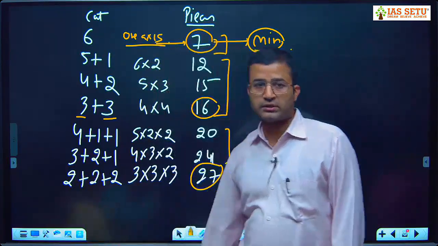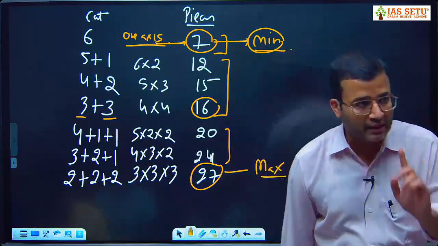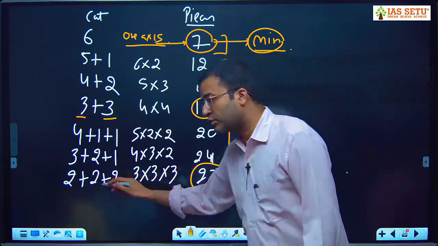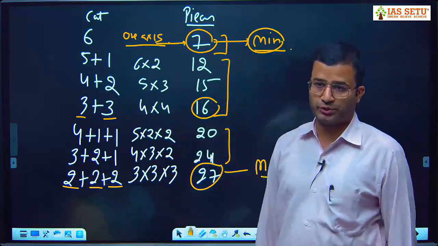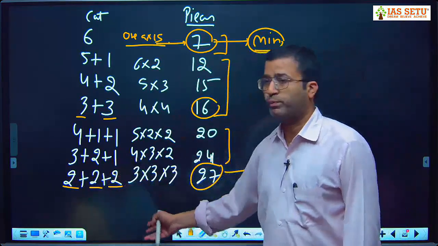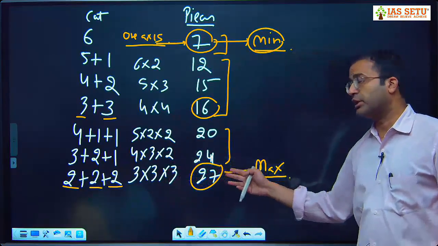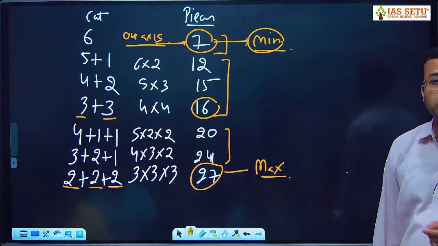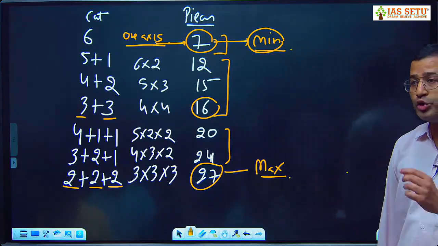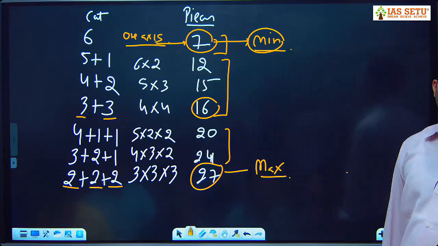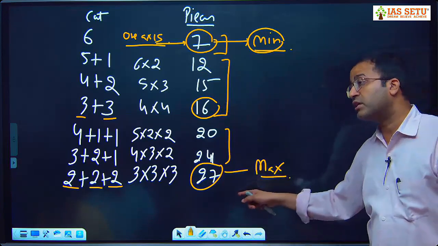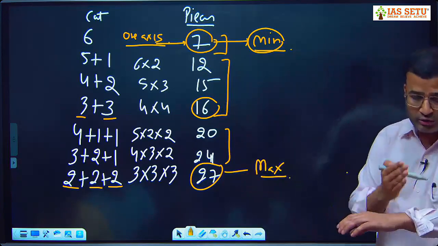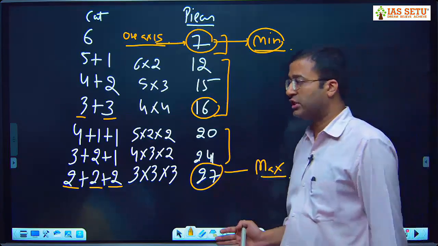If in case you need maximum number of pieces, you have to use 3 axes, and your distribution has to be even, like 2 plus 2 plus 2 gives you 3 into 3 into 3, 27. आपका distribution matter करता है, how you distribute number of cuts. I have distributed in a different way. Here I get 27 pieces when I make 2 cuts on X, 2 cuts on Y, 2 cuts on Z.